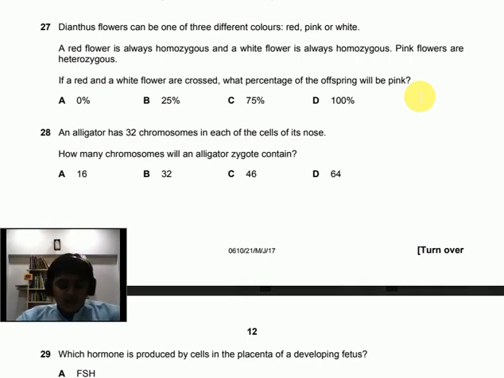Now, you want to make it into a more tabular form. This would just ease your thing. Now, if you mix PR and PW together, you'll get PR, PW.